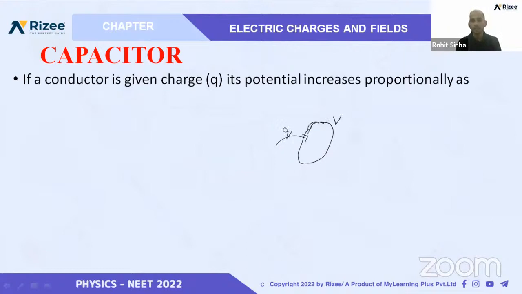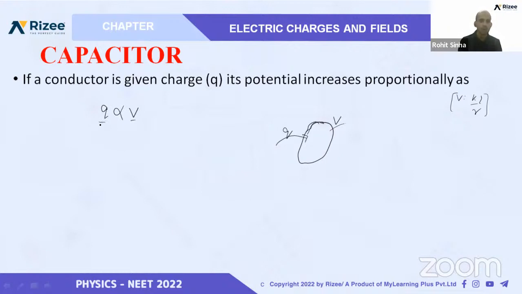It will gain some potential, because we know V depends upon K and charge only. You have studied this in electrostatics also. Suppose we are giving charge to a conductor and it is gaining potential, so we can say that Q is directly proportional to V.